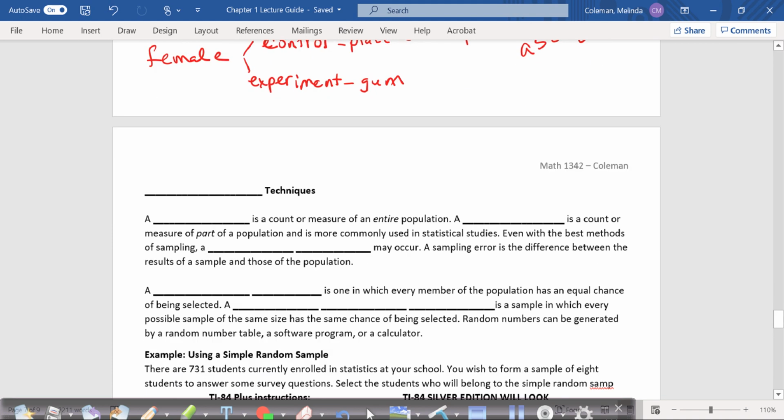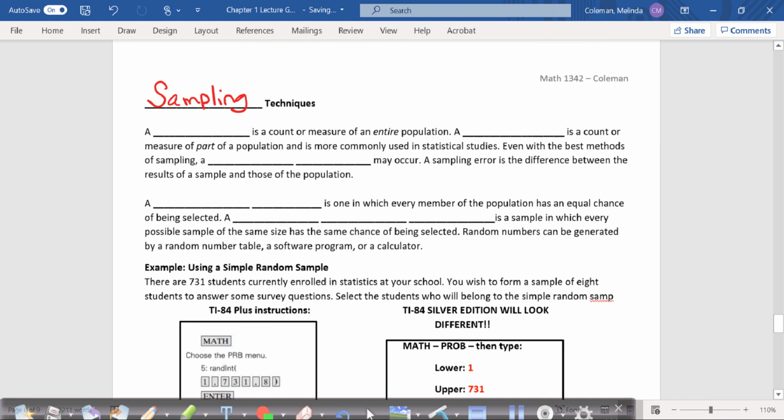All right, next section. Next section talks about some sampling techniques. So different ways that we can get the sample size we want, or how we can do some sampling. One way is with a census. Census is a count or measure of an entire population.